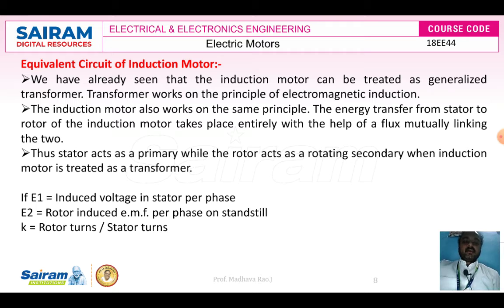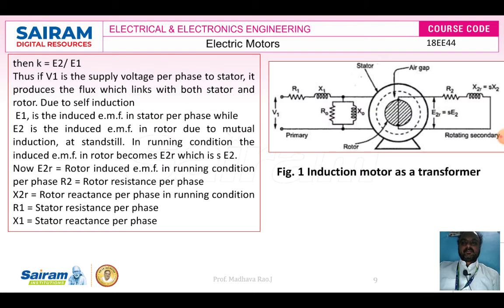E2R is the rotor induced EMF when the rotor is rotating. And K we are considering as the turns ratio, that is rotor turns divided by stator turns. Then K is equal to E2 by E1.